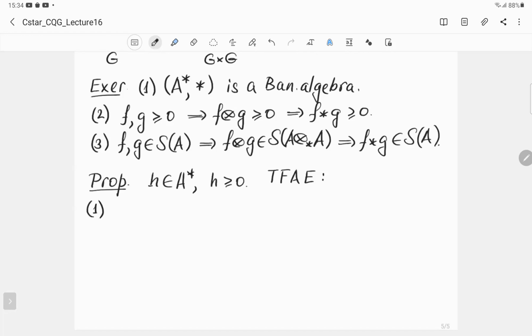Condition 1: h is left invariant, respectively right invariant.